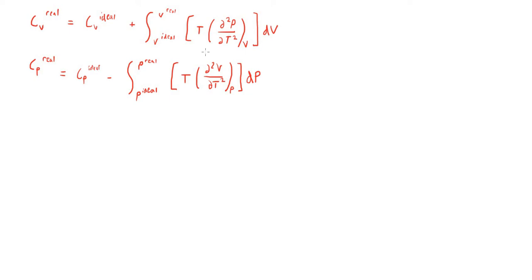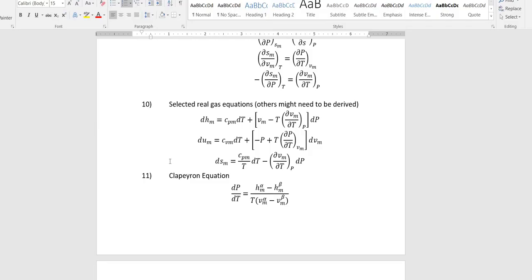So on the exam, if you got a problem like this, you would need to write down this equation and show that this second derivative goes to 0, which validates the assumption that the CV of ideal is equal to the CV real. So when calculating dH, dU, or dS on the exam, just make sure to remember that you would have to prove that this CPM term would be the same for a real gas as an ideal, or if that isn't the case, then you would actually have to calculate the CV for a real gas.